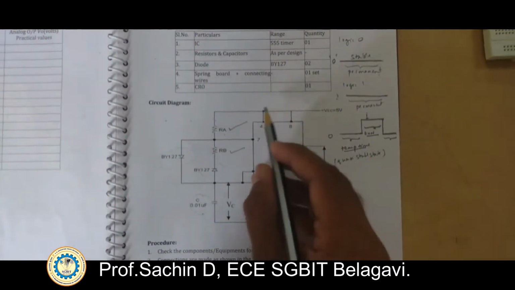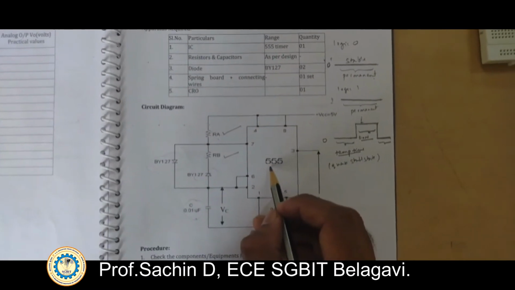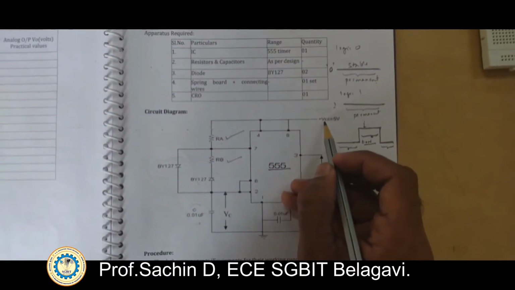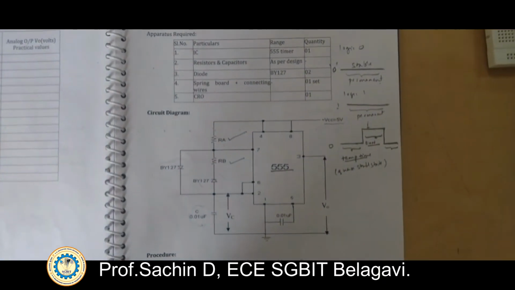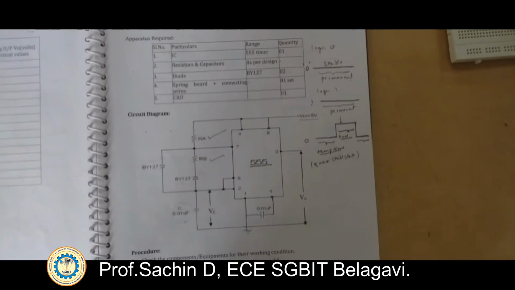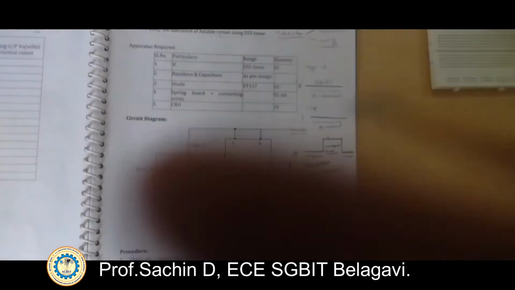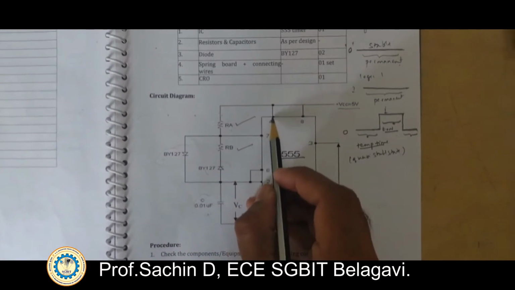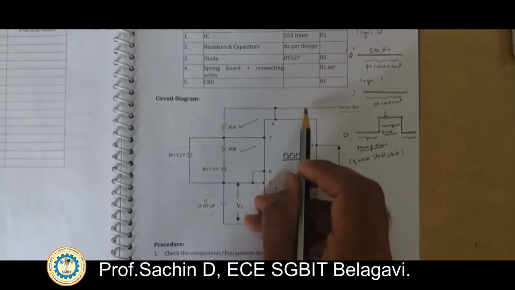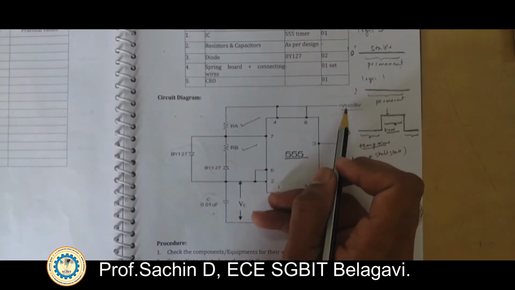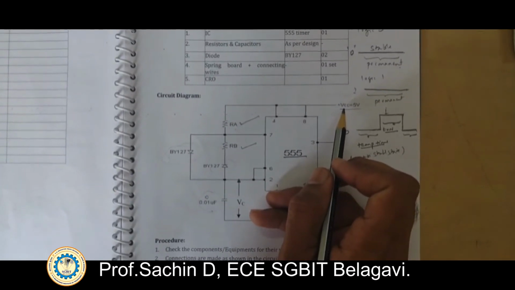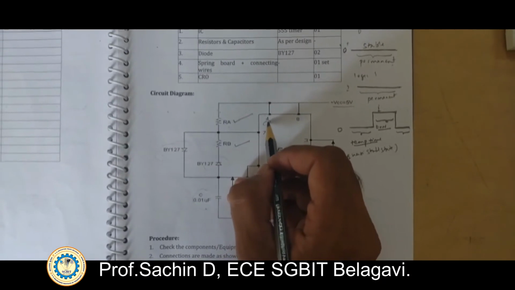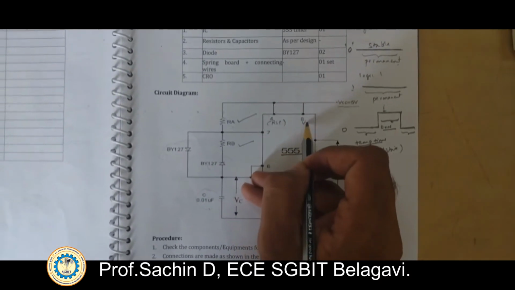Here this is my 555 timer. This 555 timer is an 8-pin IC used to generate a square wave. Here I am supplying a power supply VCC of 5 volt. Pin numbers 4 and 8 are shorted and given to supply VCC of 5 volt. 4 is my reset pin, 8 is my VCC pin.